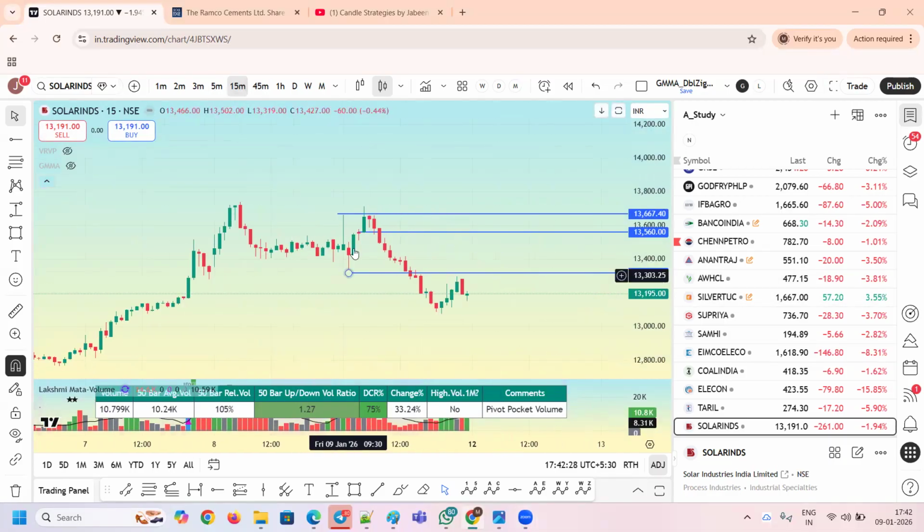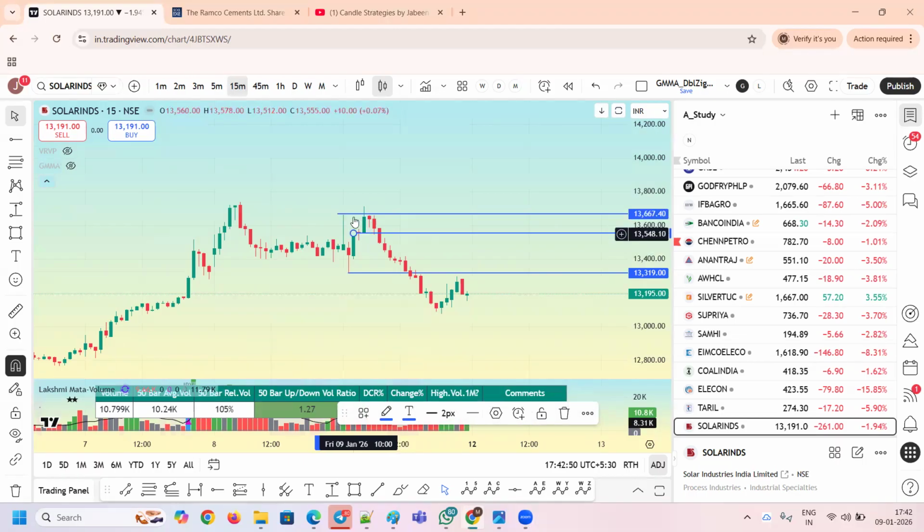So with this, I was not very clear with this journey. So what I did, once this closes below this, that means my entry will be here. I will allow this candle to close first. I will not enter while it is forming because it is not below this point, my point. Got it?